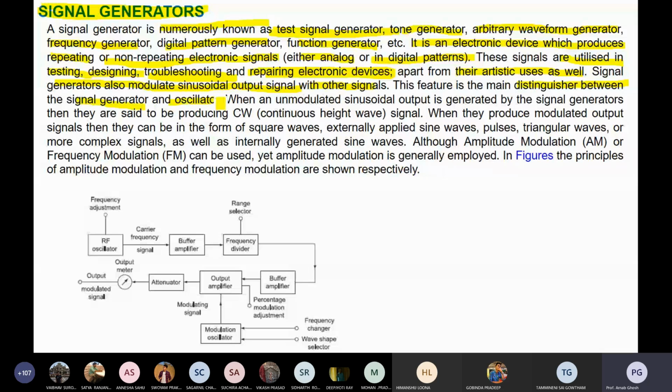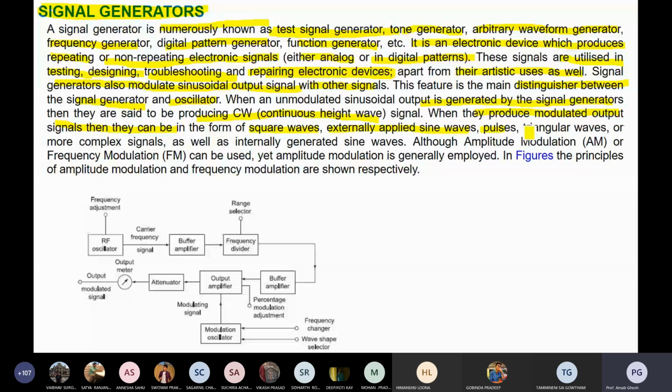When an unmodulated sinusoidal output is generated by the signal generators, then they are said to produce a continuous wave signal. Then when they produce modulated output signals, it can be a square wave, sine wave, pulses, triangular wave, or impulses, or sometimes more complex signals as well as an internally generated sine wave.